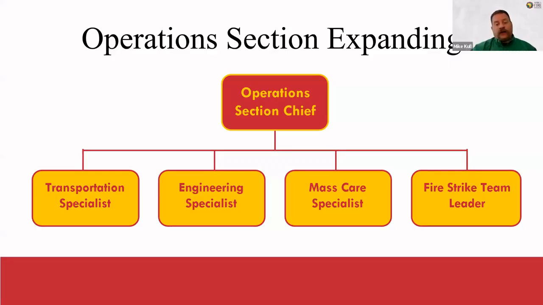Mass casualty incident, you may have somebody there, mass care. If you've got a weather-related incident that's collapsed buildings, flooding, and fire all together, you might have a fire strike team leader, water rescue strike team leader, mass care specialist. So that's how you're going to start breaking those things down and assign them those titles that everybody will understand what their responsibility is.